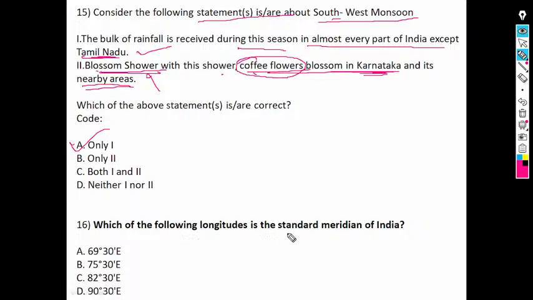Which of the following longitudes is the standard meridian of India? 67 degrees 30 minutes east, 75 degrees 30 minutes east, 82 degrees 30 minutes east, or 90 degrees 30 minutes east. Your answer is C. We know it from before. Single meridian.